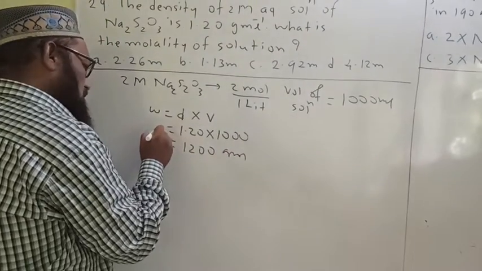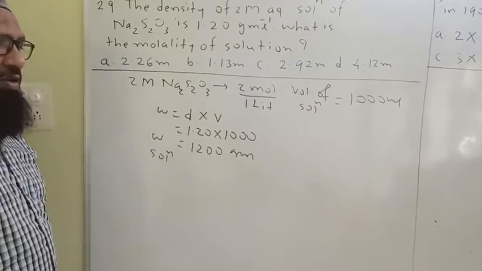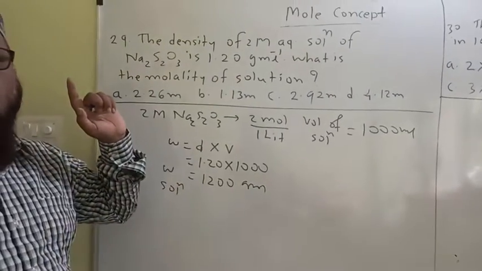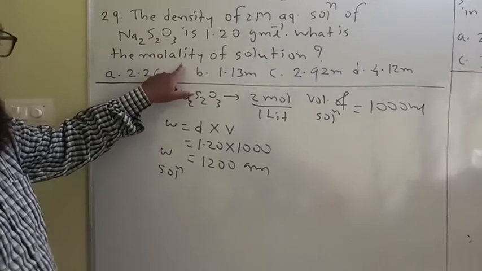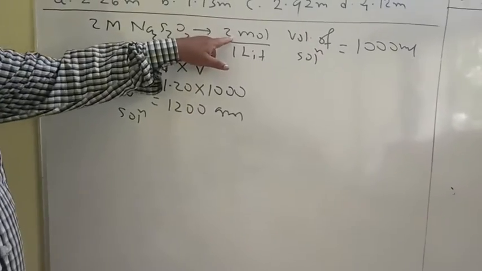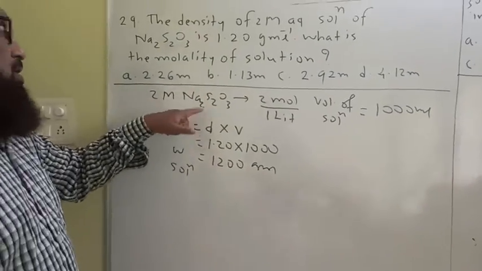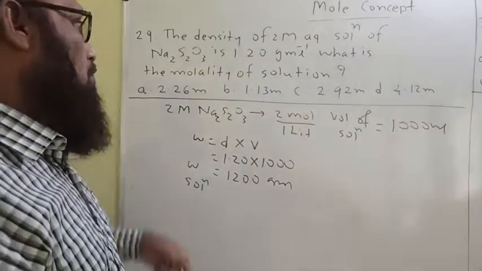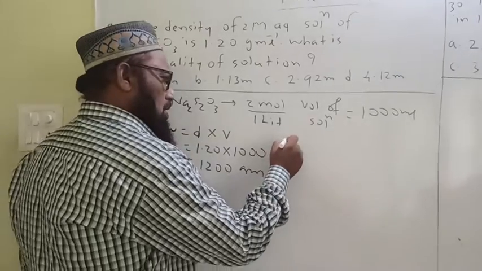Dear students, remember this W is weight of the solution. Then for molality, we have to find out the weight of the solvent. Here, this is the weight of the solution. Well, we have here 2 mole of the solute. Let us find what is the weight of 2 mole of Na2S2O3. That is the weight of the solute.